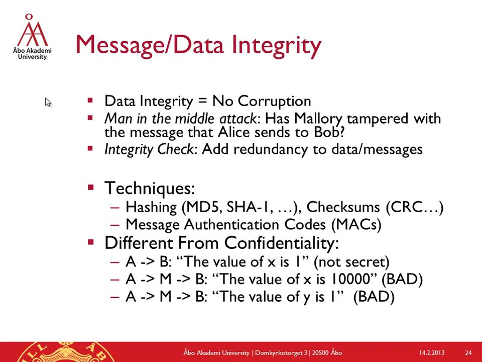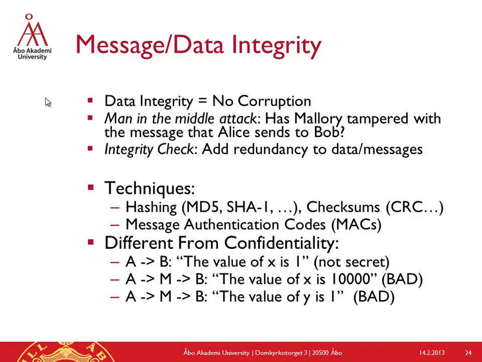Message or data integrity. What does that mean? This means that the data will not be corrupted. If data is transferred between Alice and Bob, so if Alice sends some message to Bob, this message has to be uncorrupted when Bob receives it. So there are some mechanisms to protect data from corruption. Some of them are based on hashing, some on message authentication codes or MACs.